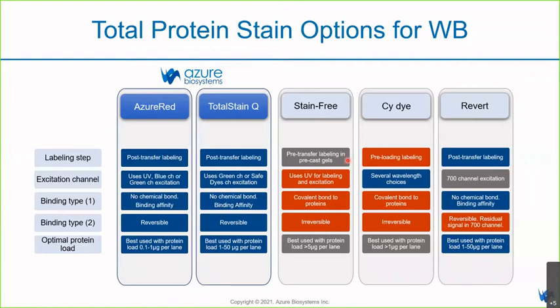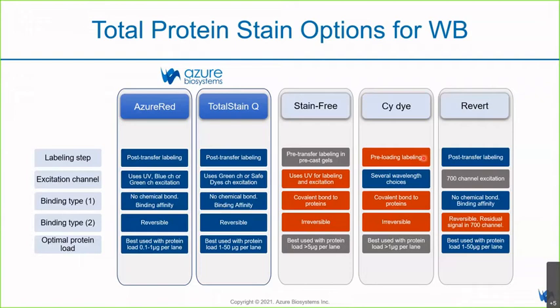There's another type of labeling, which is preloading labeling, where you mix the dye, in this case a dye, with your protein sample, and then load it into your common SDS-PAGE gel and run your Western blotting protocol. But preloading labeling is not very good, because it entirely defeats the purpose of having total protein stains.